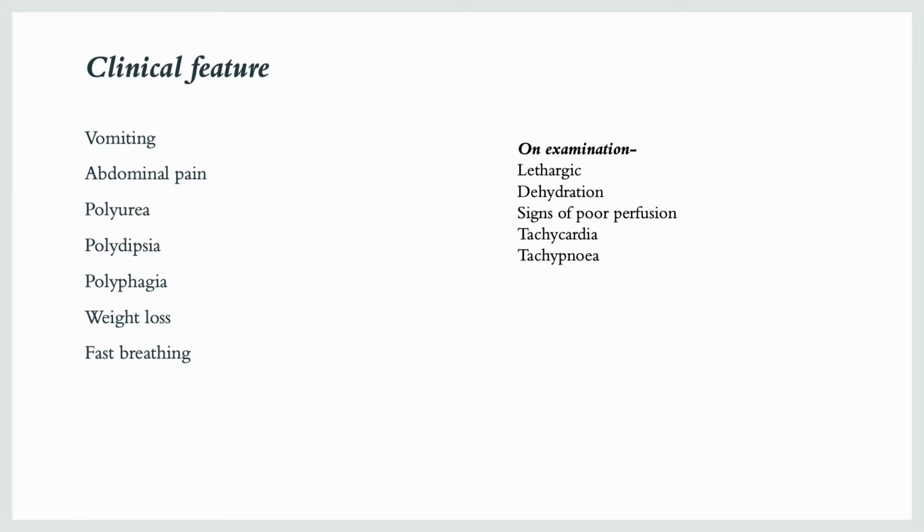These are the most common clinical features. But apart from these, there will be loss of appetite, or a history of infection, viral infection, cough, and so on. Okay, so on examination, what are the clinical signs you can see in DKA kids?